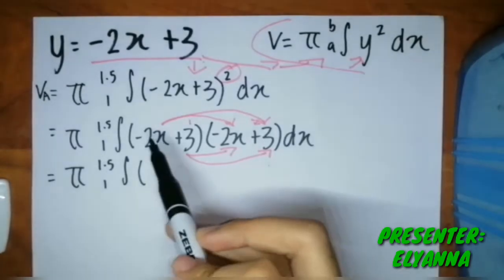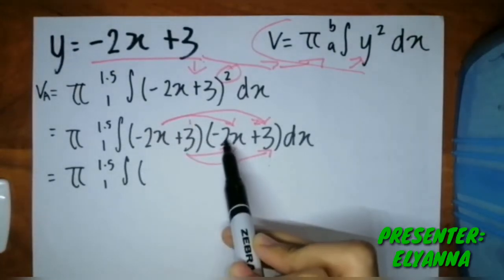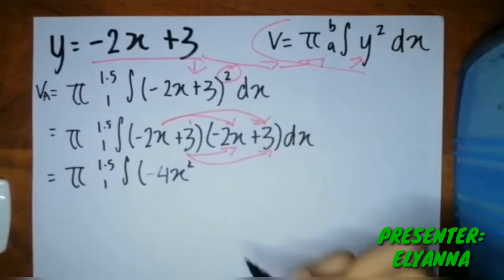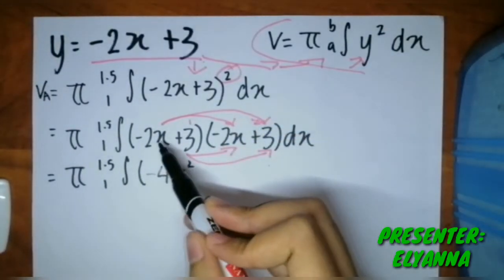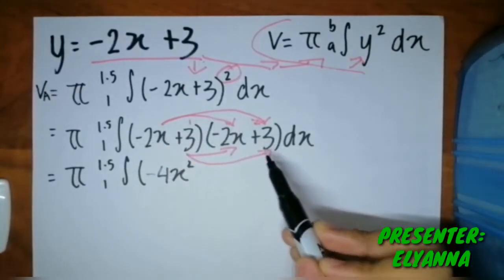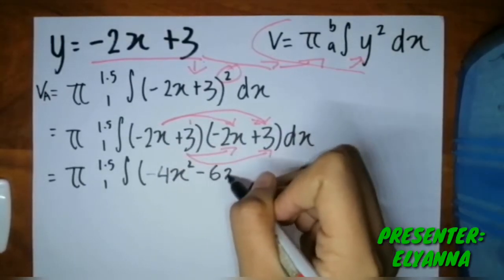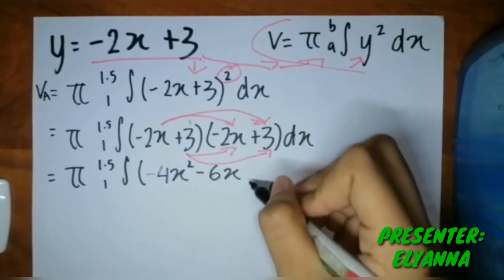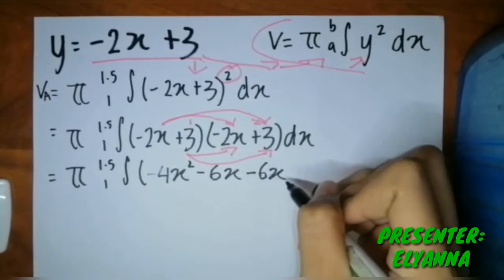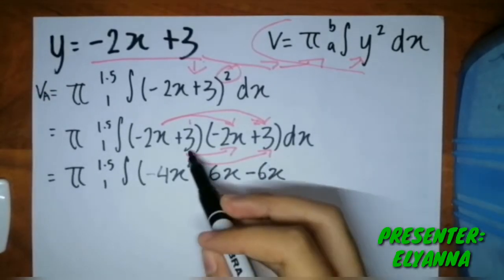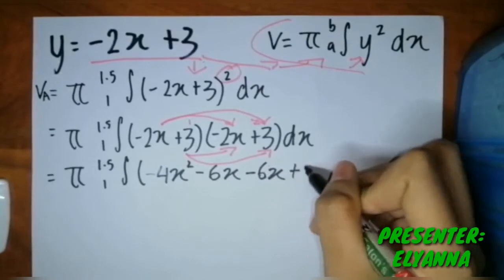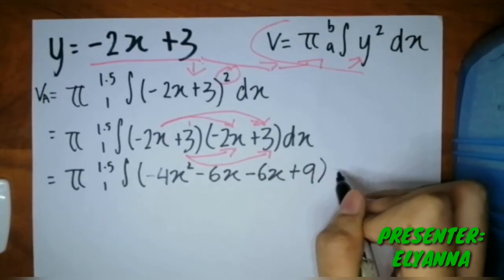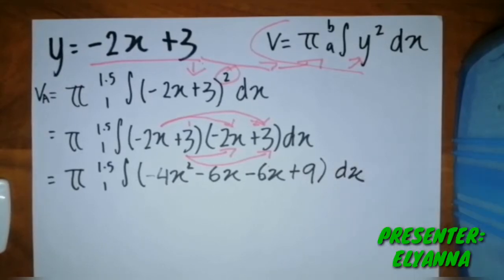Negative 2x times negative 2x, it will become negative 4x power of 2. Negative 2x times 3, it will become negative 6x. 3 times negative 2x, it will become also negative 6x. And lastly, 3 times 3, it will become 9. Close bracket, and don't forget the dx.